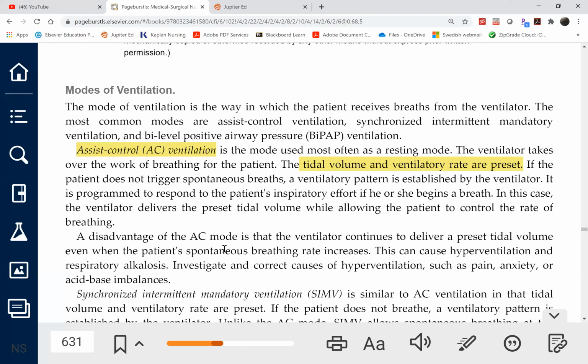Since it's a volume mode, it will deliver a minimum amount of breaths at a given minimum frequency.